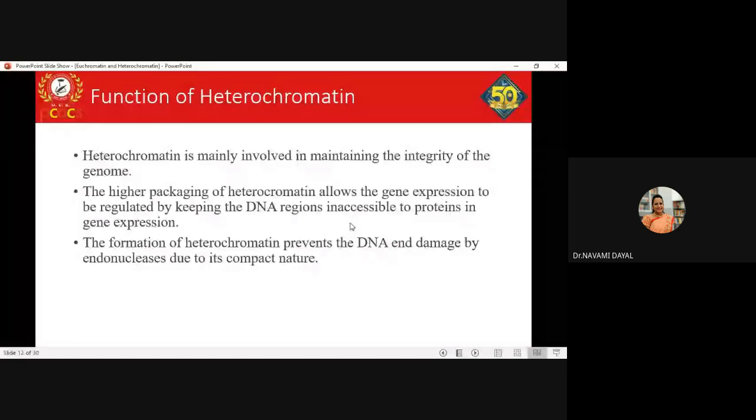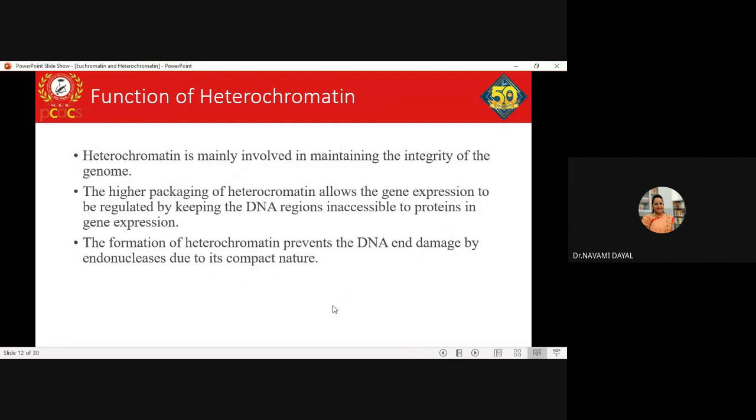The formation of heterochromatin prevents DNA end damage by the endonuclease due to its compact nature. Especially the telomeric ends are highly compact, tightly condensed regions, clear.